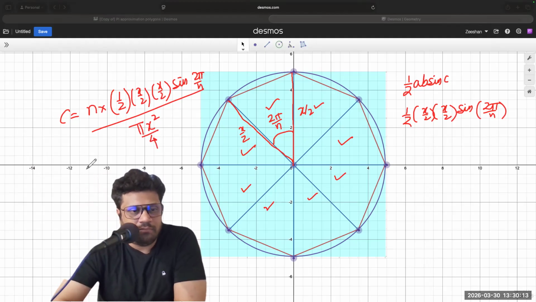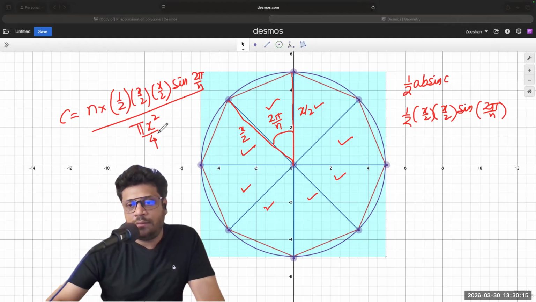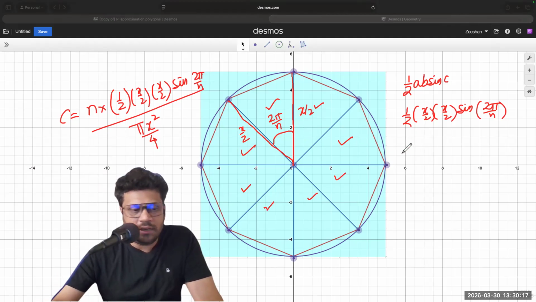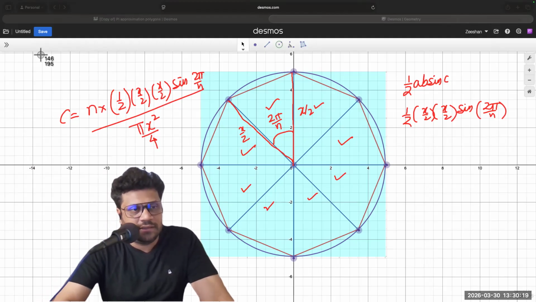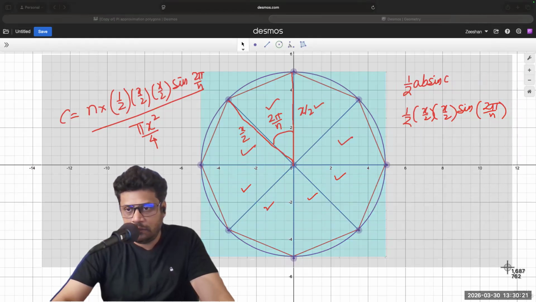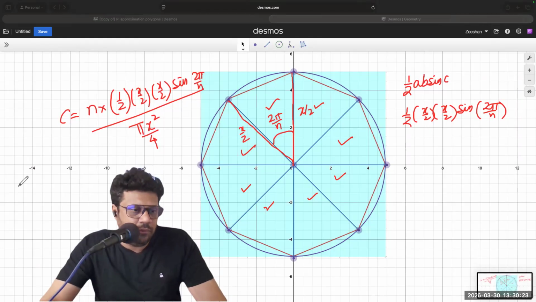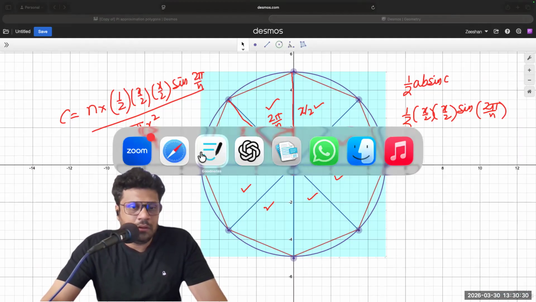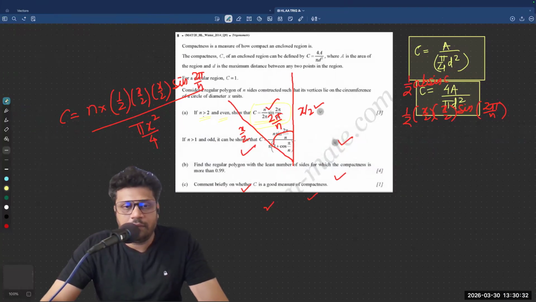Now let's see what compactness here comes out to be. Let's take a screenshot of this and we will do it here. Give me a second.